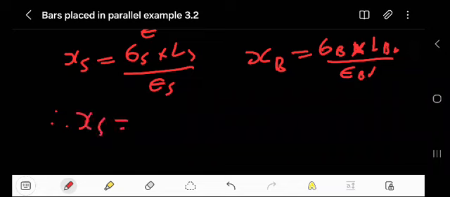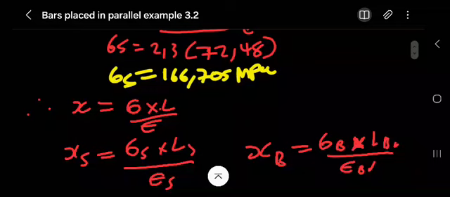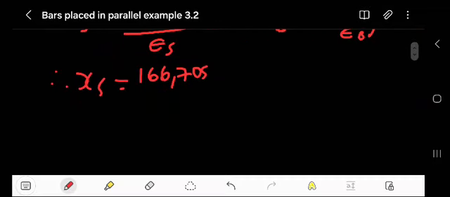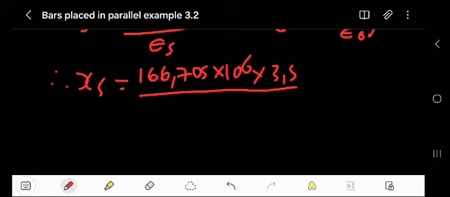You know this, it was 166,705. We've got it here. But it was megapascal, isn't it? Times 10 power 6, multiplied by the length. Remember, we've been given that it was 3.5. Then the Young modulus of elasticity was this, multiplied times 9.